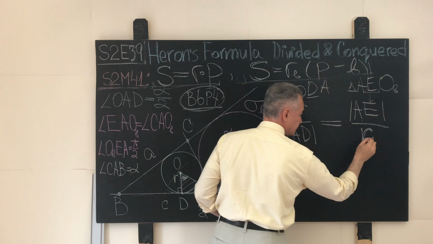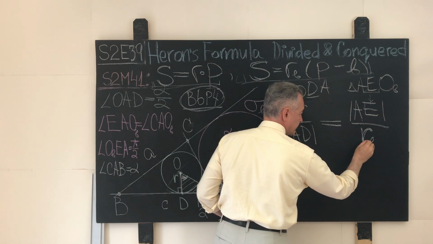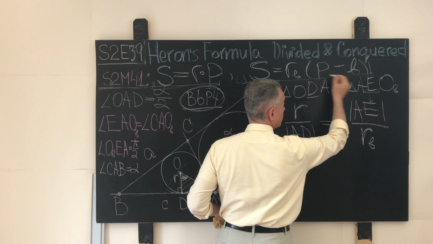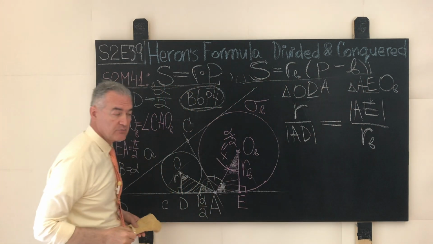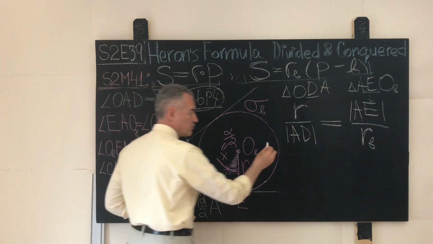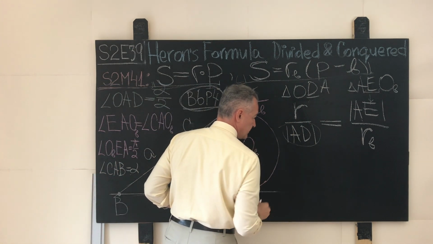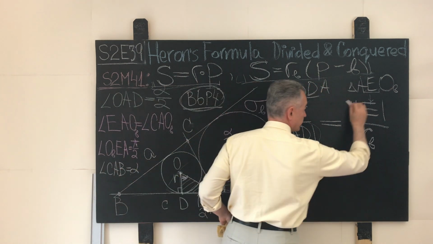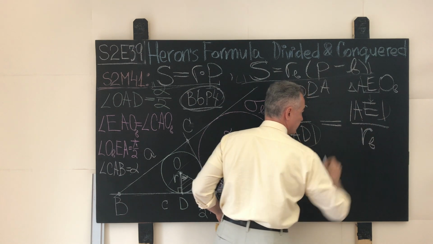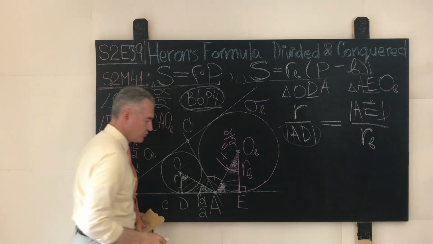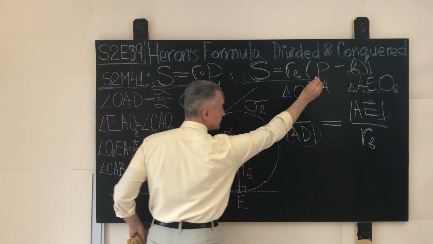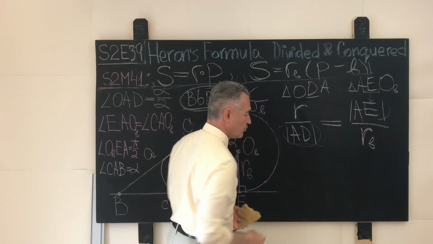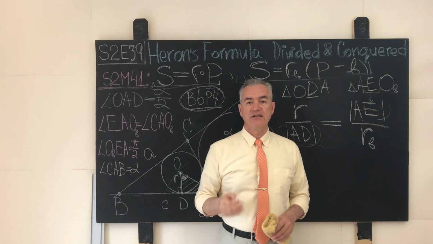We know how to express the length of the radius of the ExCircle sigma b in terms of the semi-perimeter and the length of the corresponding side b. What do we have to do now? Remember, we need to show that the length of the side AD is a certain function of the semi-perimeter, and the length AE, or the distance between the points A and E, is also a certain function of the semi-perimeter P. And that is exactly what we will do. Again, piecemeal, we will start with the distance between the points A and D first.